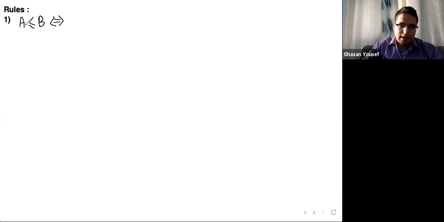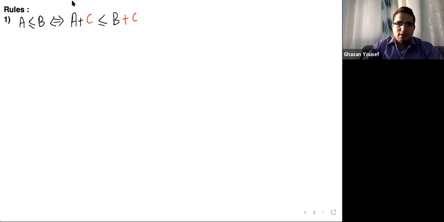for example, if I want to add c, I get a plus c less than or equal to b plus c. If I add c to both sides of this inequality, I get an inequality equivalent to the first one.